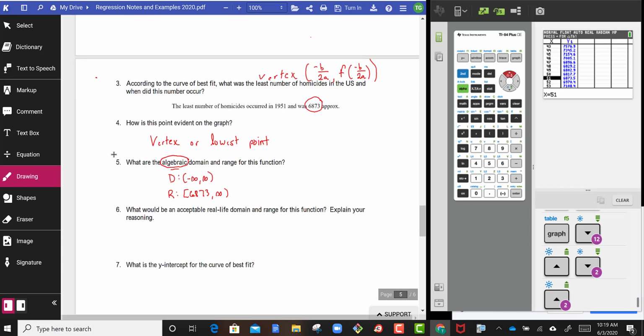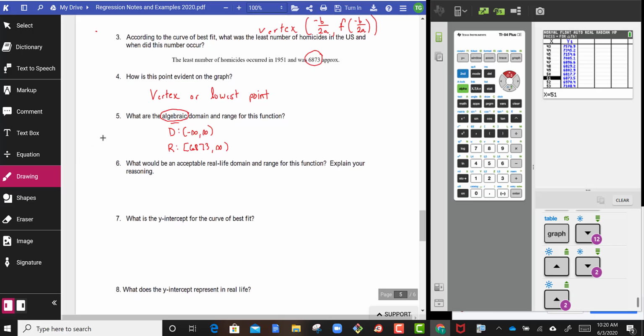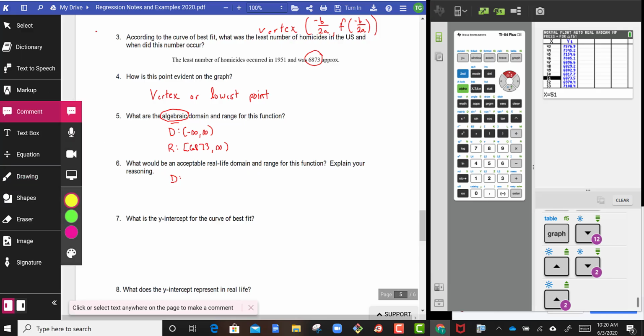What would be an acceptable real life domain and range for this function? Explain your reason. Now there's lots of differing answers here that you could put for domain. Some people would make a case you could put negative infinity to positive infinity for domain, since this represents the year.